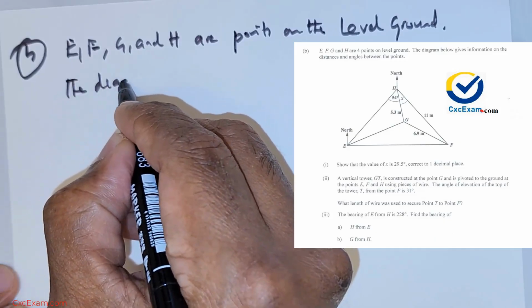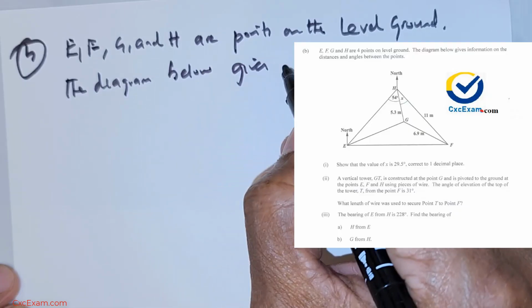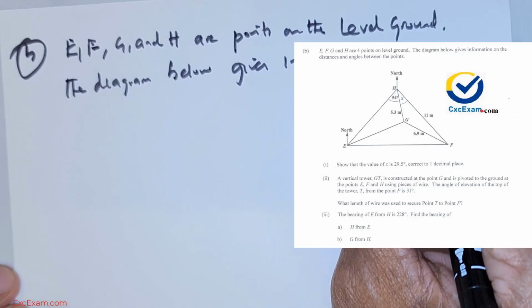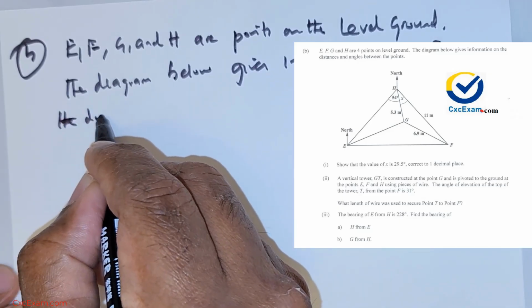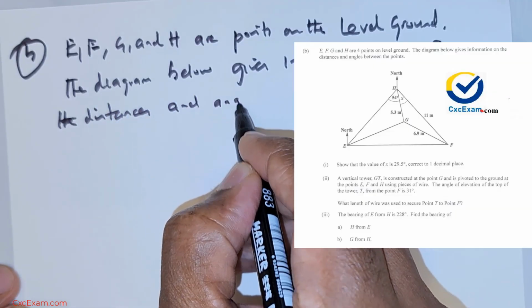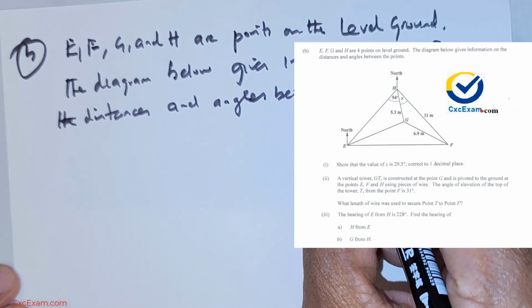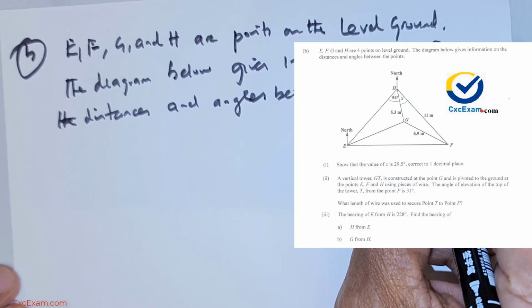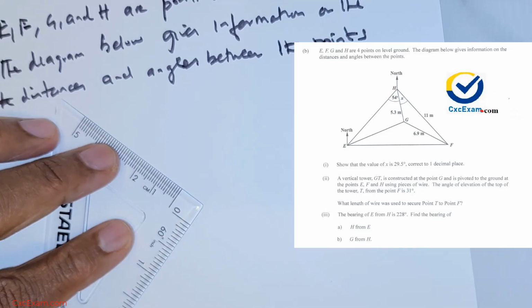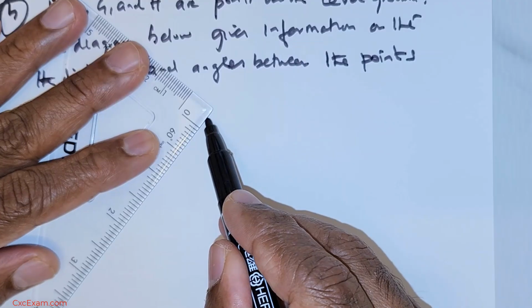The diagram below gives information on the distances and angles between the points. Okay, so let me draw the diagram.